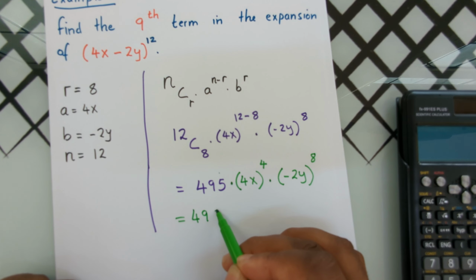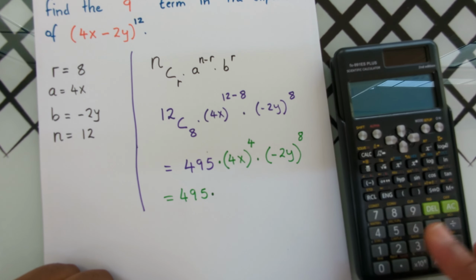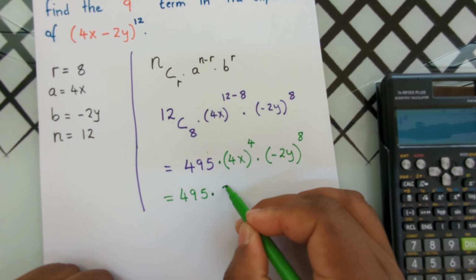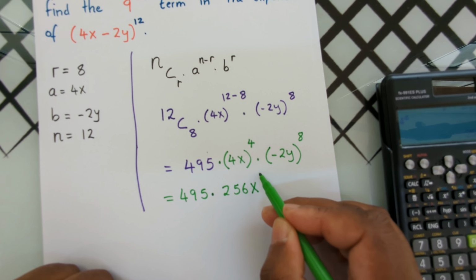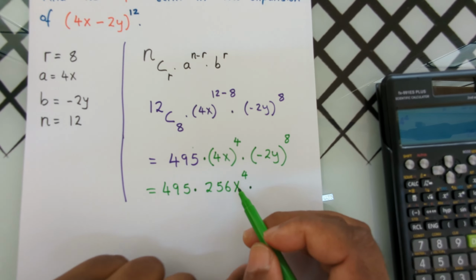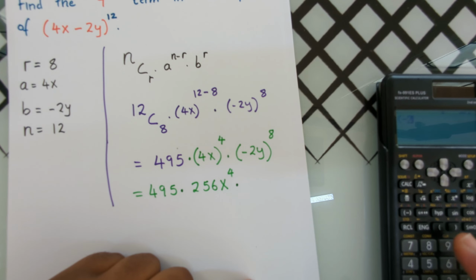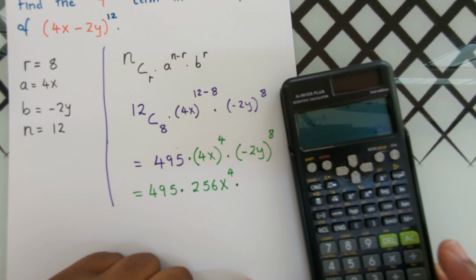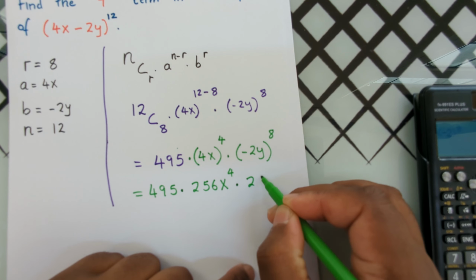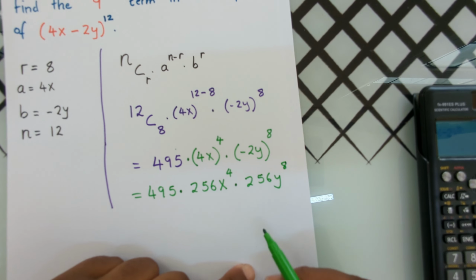So this is 495 being multiplied by 4 to the power of 4. So 4 to the power of 4 is 256. So being multiplied by 256 multiplied by x to the power 4 multiplied by negative 2 to the power 8. So let's put our negative 2 in brackets. To the power of 8 is also 256. So positive 256 with y to the power of 8.